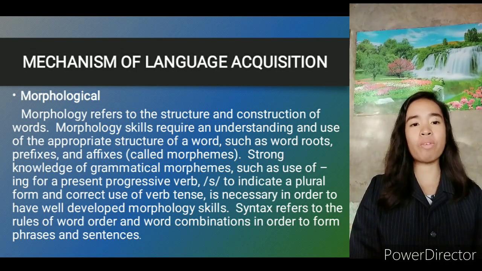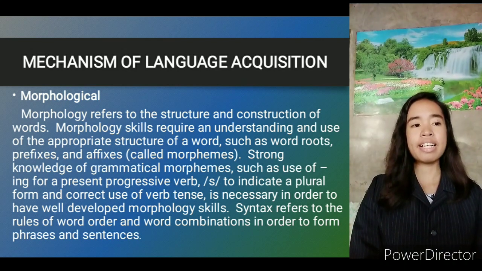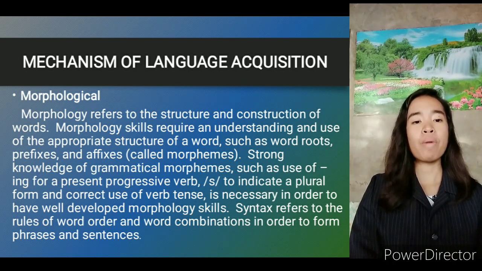Strong knowledge of grammatical morphemes, such as use of -ing for a present progressive verb, -s to indicate a plural form, and correct use of verb tense is necessary in order to have well-developed morphology skills. Syntax refers to the rules of word order and word combination in order to form phrases and sentences.